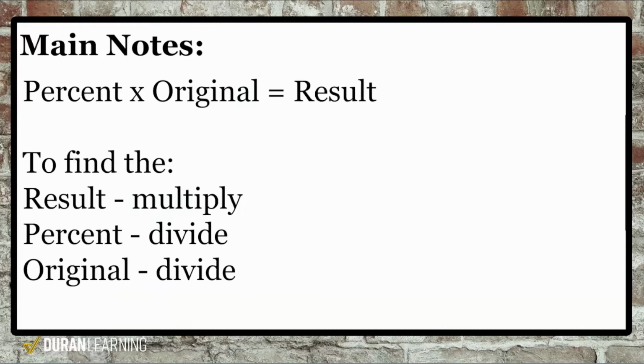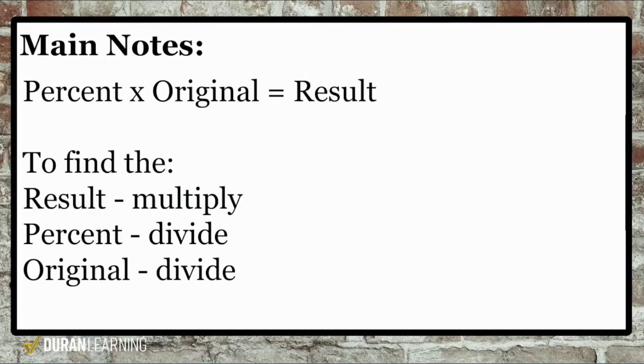Let me know whether you're watching this as a recording or watching live with me, say it out loud or in the chat. When we talk about finding this result, my party people, is it obvious to you, at least with your eyes, that to get to the result, we multiply these two values, the percent and the original? Is that apparent to you?